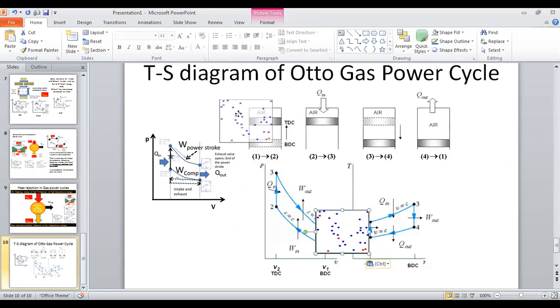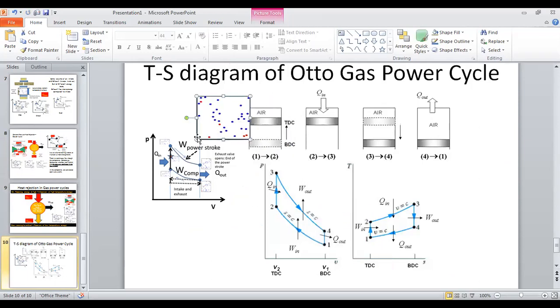Always remember, it's the working fluid. So here compression, it's the working fluid. Keep it in mind. Just put aside, it's a working fluid again.